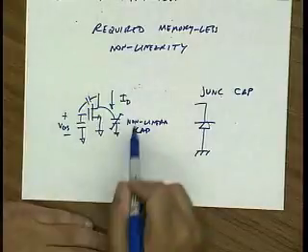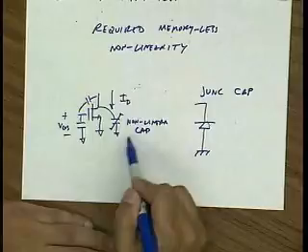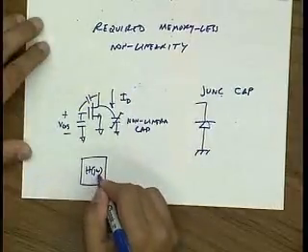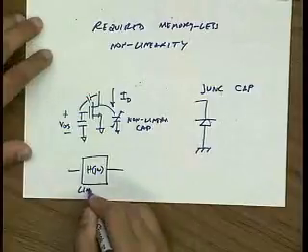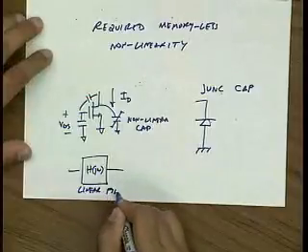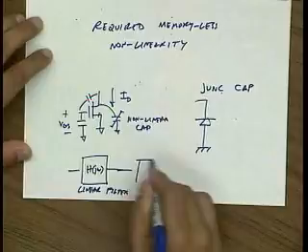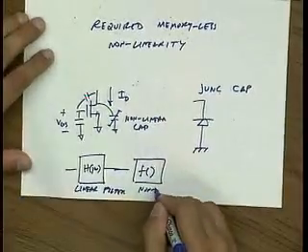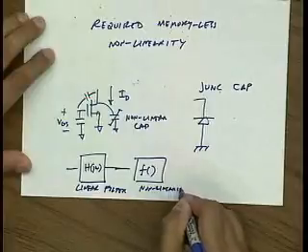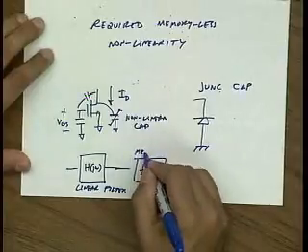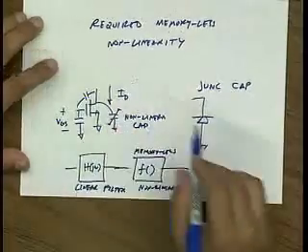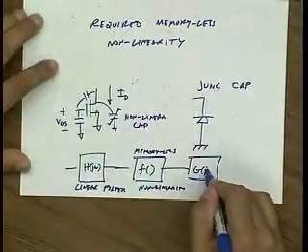So with the exception of this junction capacitance, I can think of this as some linear filter and then some nonlinearity which is memoryless. And then again at the output I have a pole, so I have another filter, let's say.